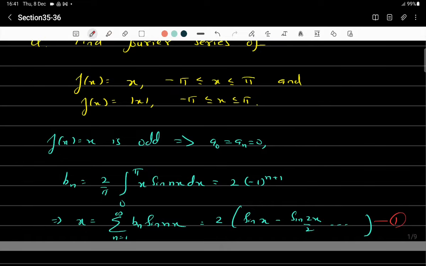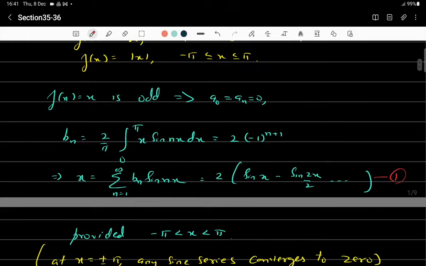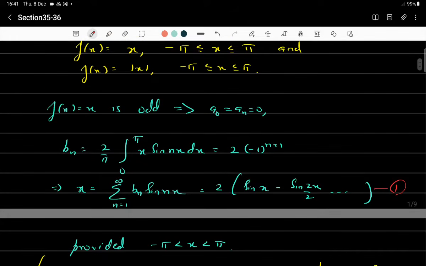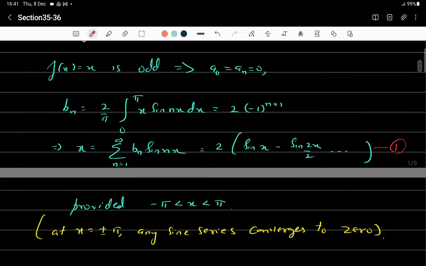It means that this series is not converging at the end points, which are the points of discontinuity, and therefore we define it as x is equal to 2 times sin x minus sin 2x by 2 and so on over the open interval minus pi to pi. So in case of sine series, always remember that at x is equal to 0, pi and minus pi, it always converges to 0.